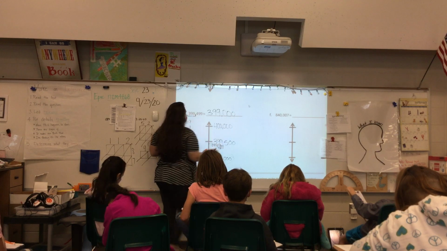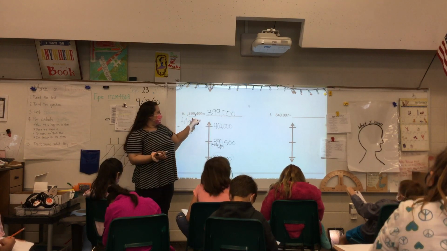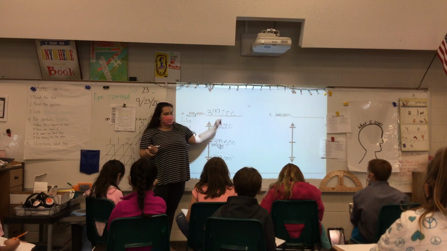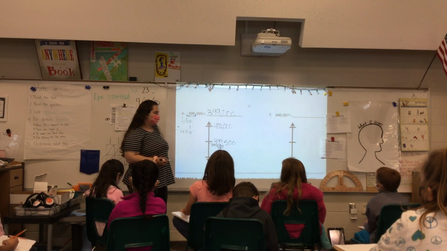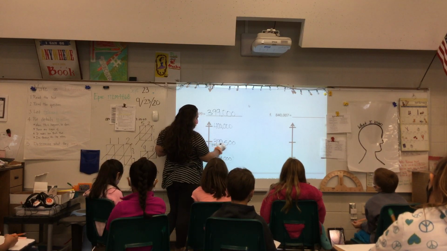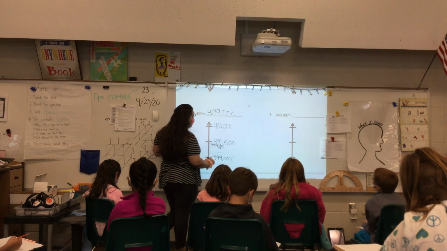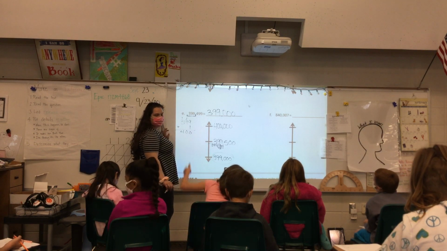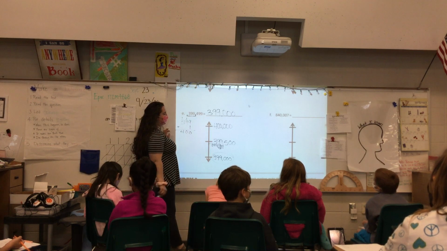Brian, you were the first one that I saw. So 399,499 is about 399,000. Now, if it was just one more, Scarlett, and it was 399,500 that we were rounding, yes, we would round up.